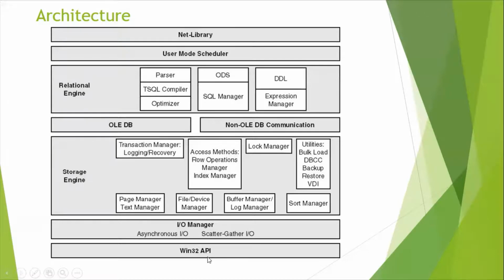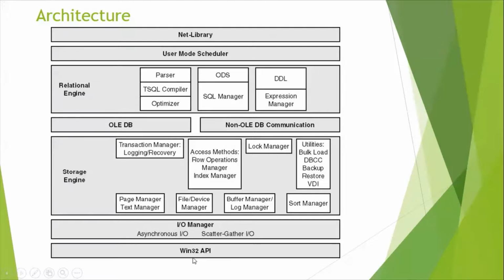So, the Windows 32 API. API is nothing but application program interface. This is a lower level of the architecture, because whatever we perform is all under the Windows operating system, and this is the API. Why did I mention 32? Mostly everything we consider is under the Windows 32 API.